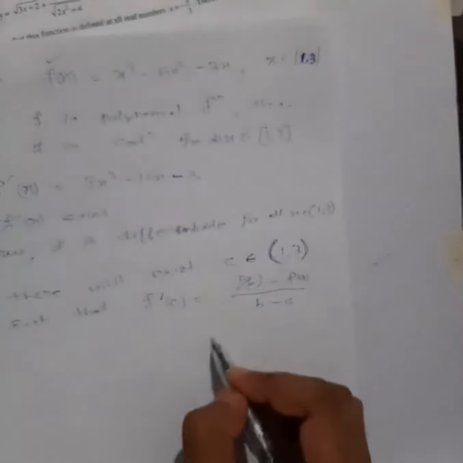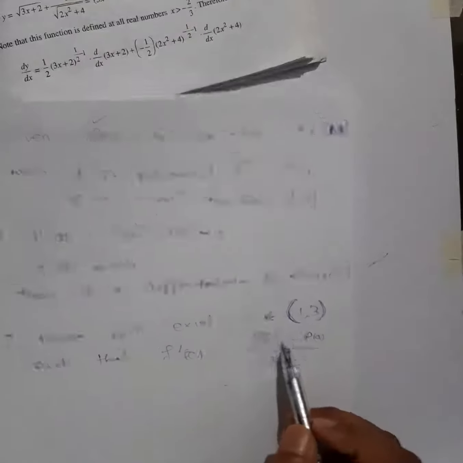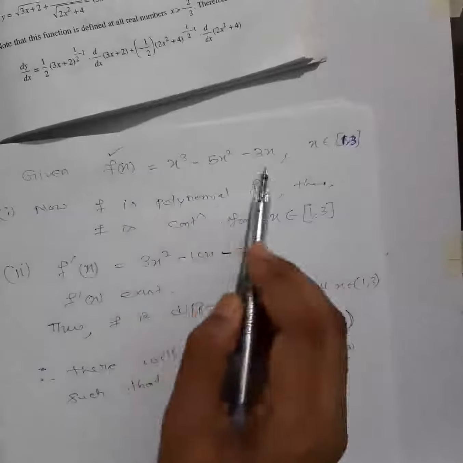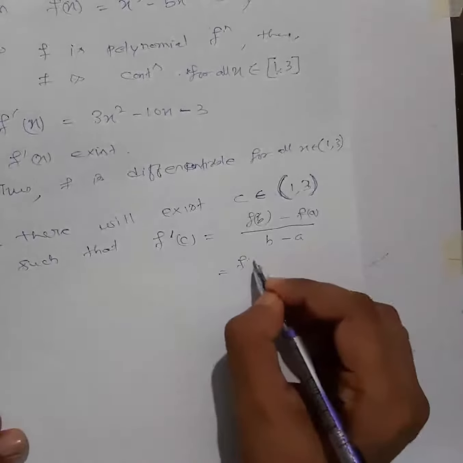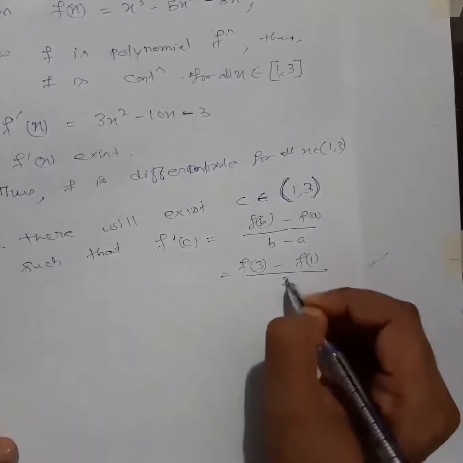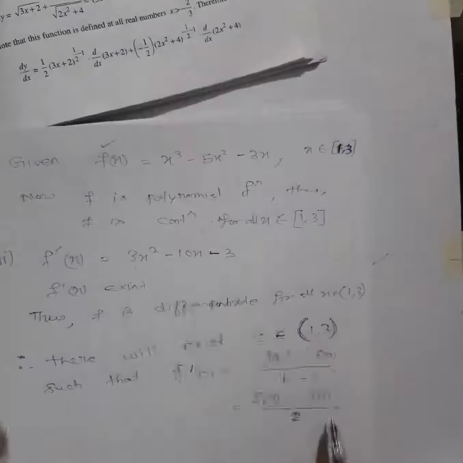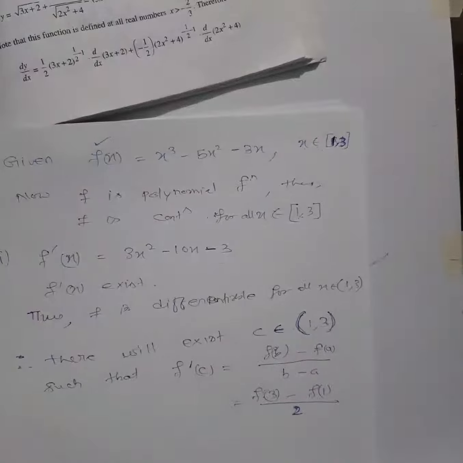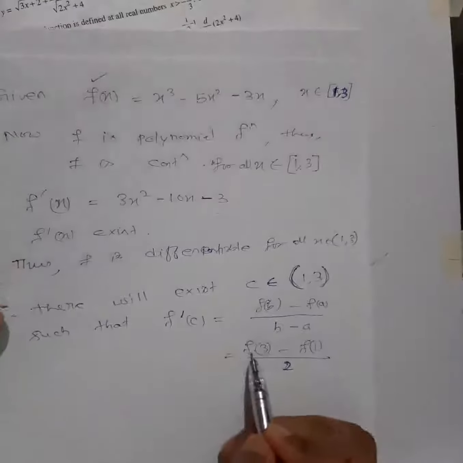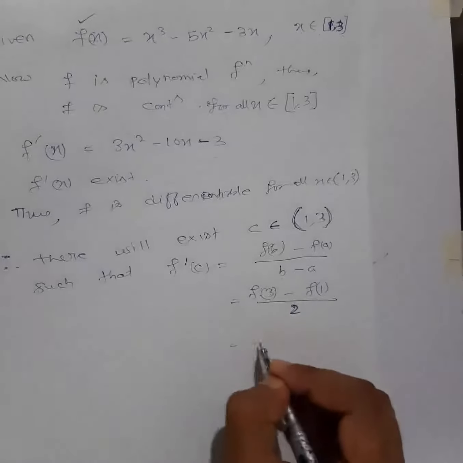So what is b minus a? You can write down here f of b. Now you have to solve this one. The f function is this one. f of b: b is 3, minus a is 1, so 3 minus 1 is 2. So f of 3 and f of 1, we have to solve first. If you solve f of 3, that is, in place of x take 3 and solve it, you will get minus 27.